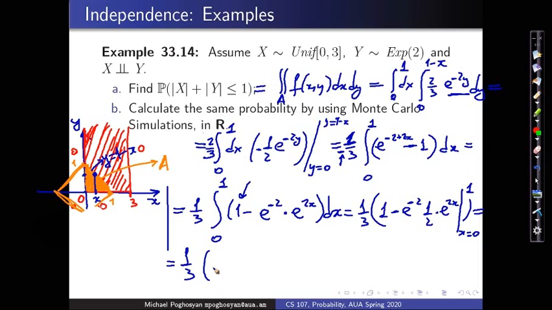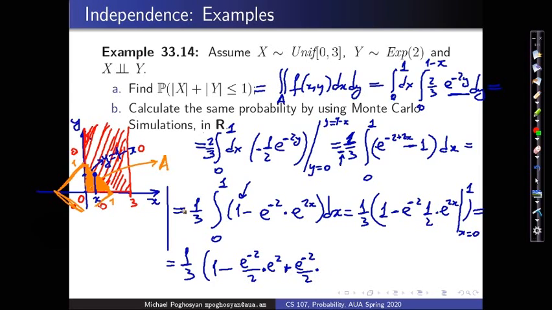Okay, so let me plug the values. 1 over 3, 1 minus, I'm plugging 1, e to the minus 2. What I'm obtaining, e to the minus 2 over 2 times e to the 2, something like this. And minus or plus, because we had that minus sign, e to the minus 2 over 2 times 1.